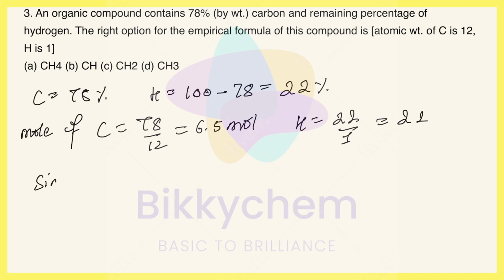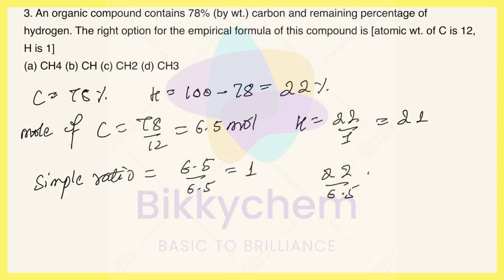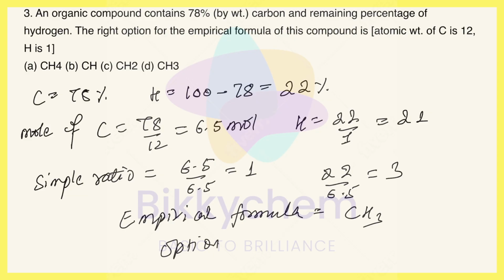Now for the simple ratio, we have to take the smallest one, that is 6.5. So dividing by 6.5 and 6.5, it is 1, and in this case 22 divided by 6.5 is equal to 3. So the empirical formula will be CH3. So our option is D.